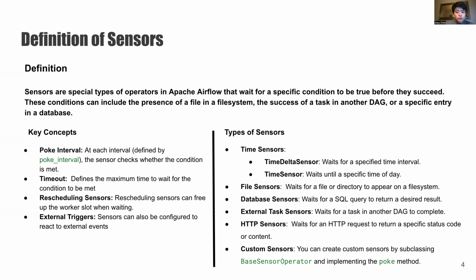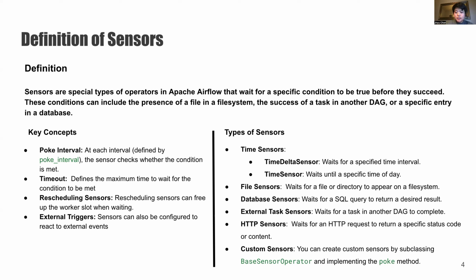First, the poke interval. Sensors use a polling mechanism called poke. At each interval, the sensor checks whether the condition is met. If the condition is met, the sensor task is marked as success.